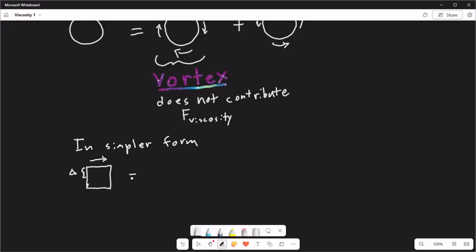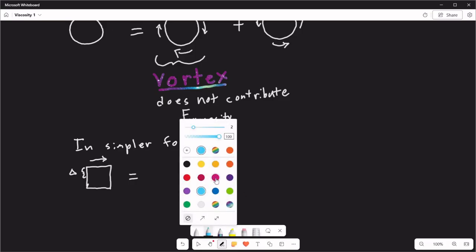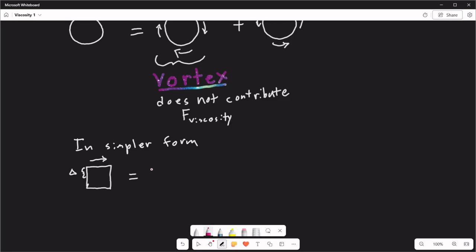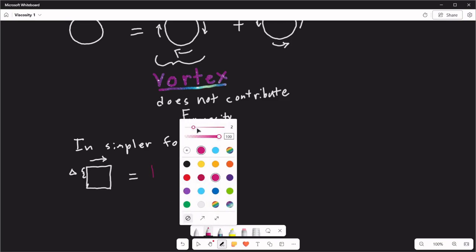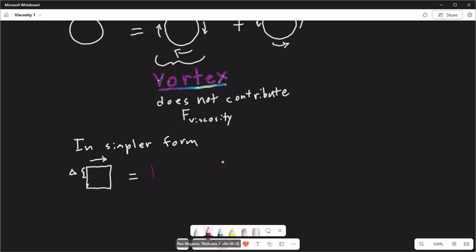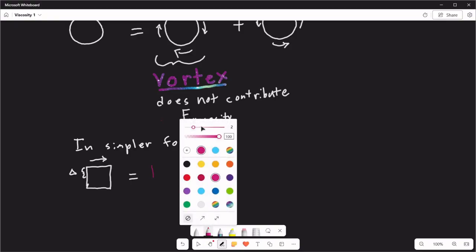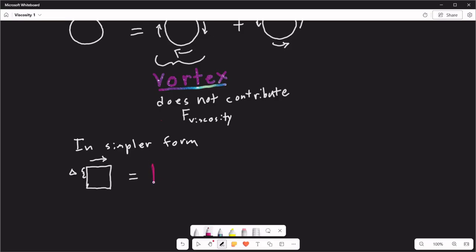And this is going to equal, I'll use some colors here. Okay. That's going to equal basically the vortex part.